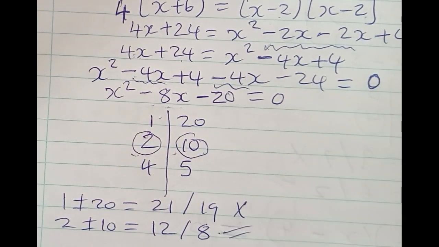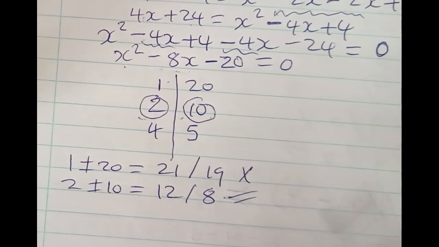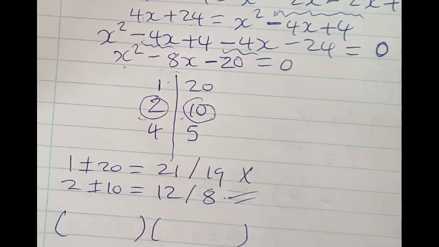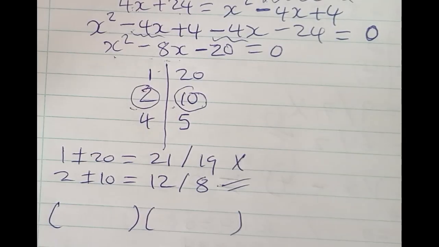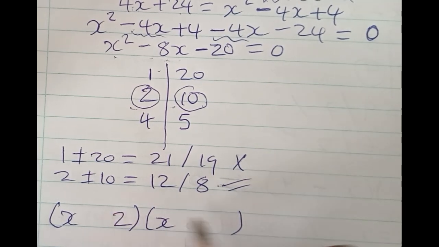You see? So okay. Remember here we have x squared. So we will open two brackets. You see? So here I'll have x, here I'll have 2, here I'll have 10. But when it comes to values, you can swap. Here it can be 10, here it can be 2. What's important is the signs.